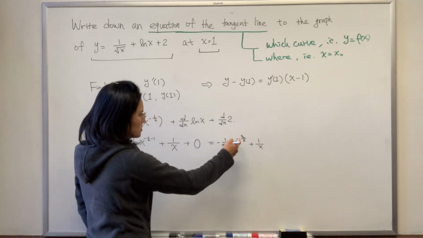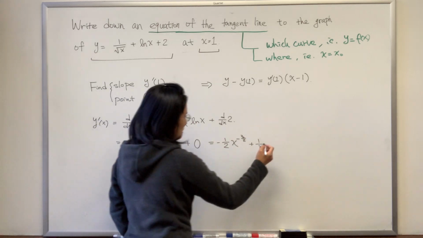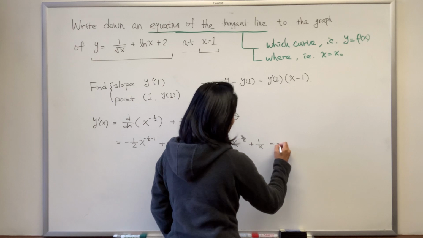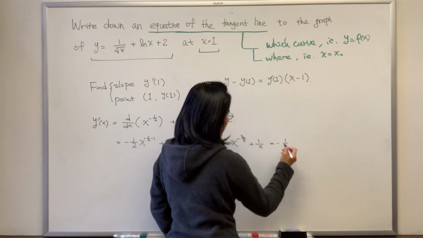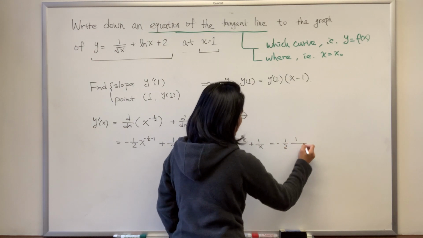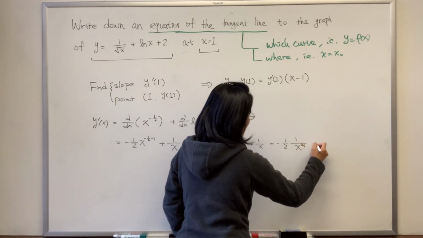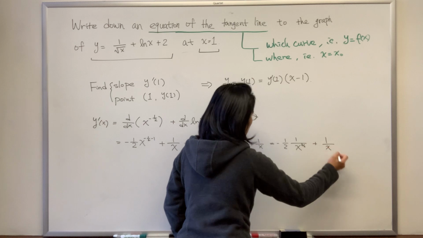Okay? So if you don't like seeing this format, you can always turn it back. So that's minus 1 half times 1 over x to the power 3 halves, plus 1 over x. Okay?